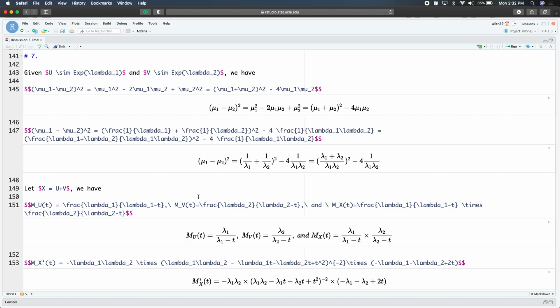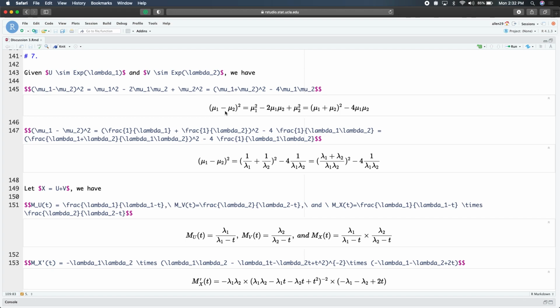Okay, question 7, a follow-up question for question 6. We are given the same 20 observed data. Instead of estimating the parameters, the question is asking, based on the 20 observed data for the lifetime of each device, are we able to estimate the difference of the 2 expected values?